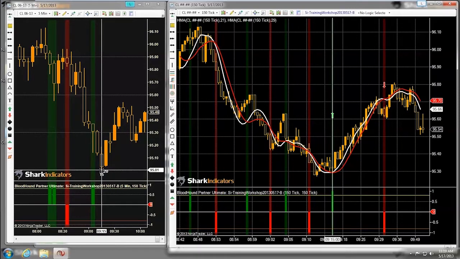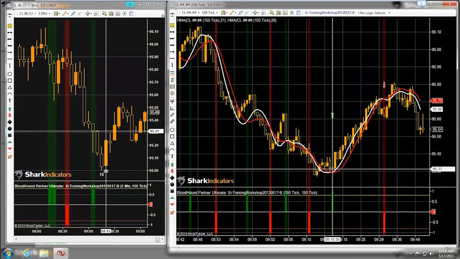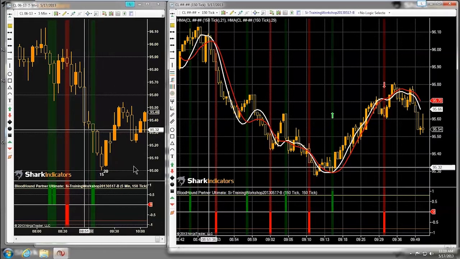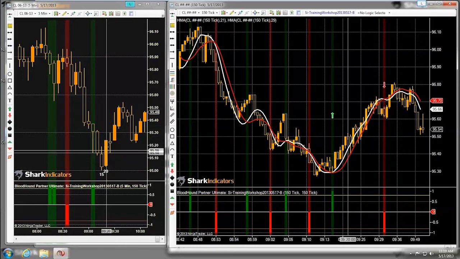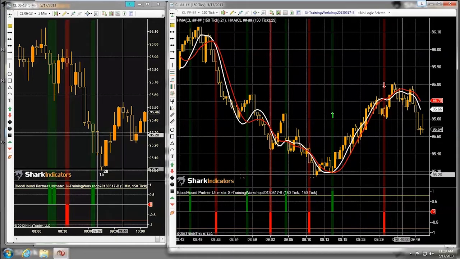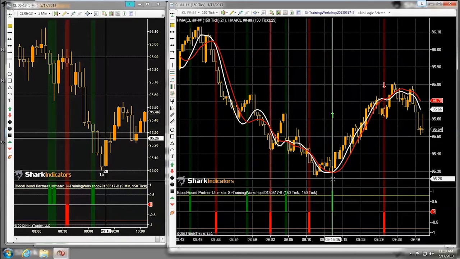This bar closed at 9:15 exactly. This bar closed 35 seconds afterwards. So this 9:20 bar was in the process of being built.